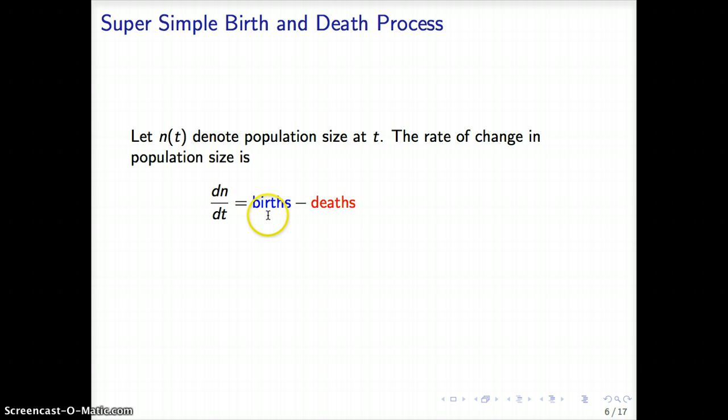The notion is you consider the births and you subtract the deaths. The births are going to have a positive effect on the rate of change, and the deaths are going to have a detrimental effect. Births are like new arrivals into a population, and the deaths are departures, right? So we can write mathematically expressions of this sort, where we assume that this is the simplest way of formulating this type of vital dynamics.